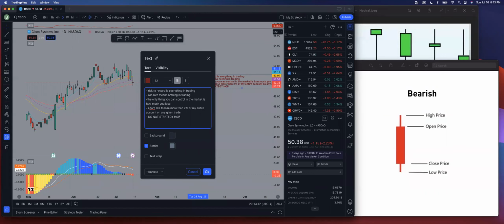Don't jump between strategies. Don't change what you're doing. Stick with it for 50 trades and trade it till you get it to perfection. And once you get there, reassess after 50 trades. I would say 50 to 100 is probably a good number to have a good idea.